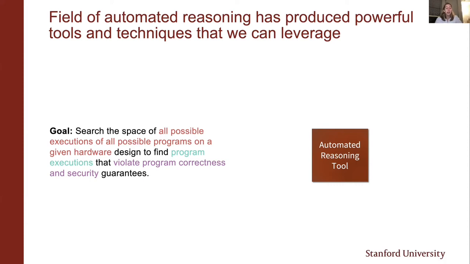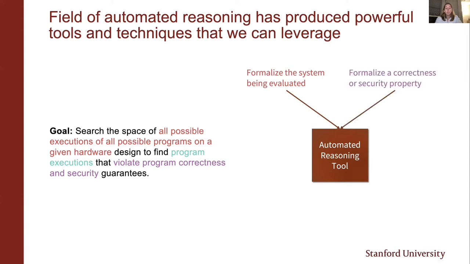However, the challenge in using these tools is that we first need to come up with a description of the system being evaluated that a computer can understand. In other words, we need to come up with a formalization of the system being evaluated. We additionally need to formalize a correctness or security property to evaluate.